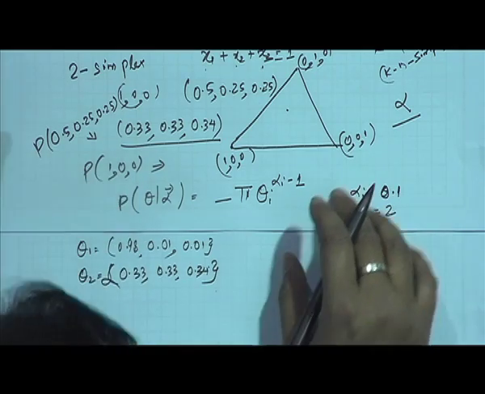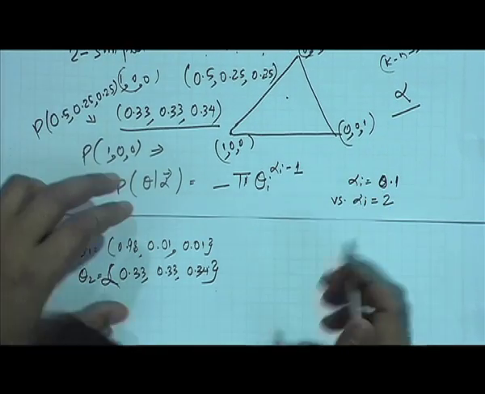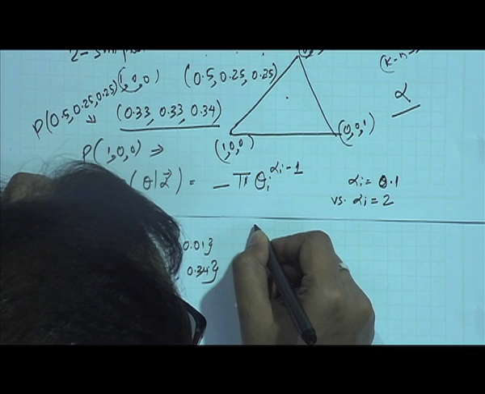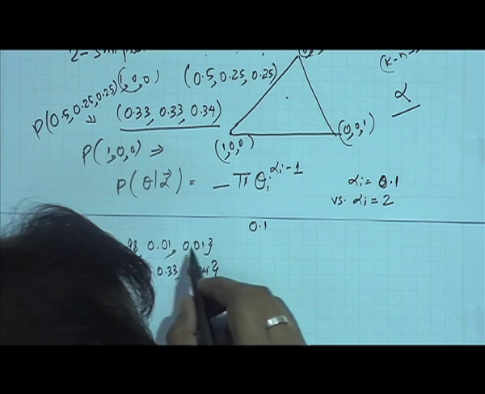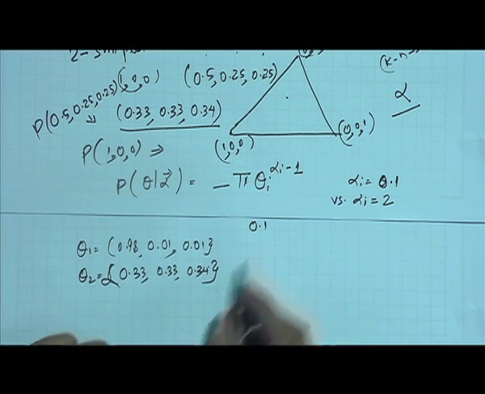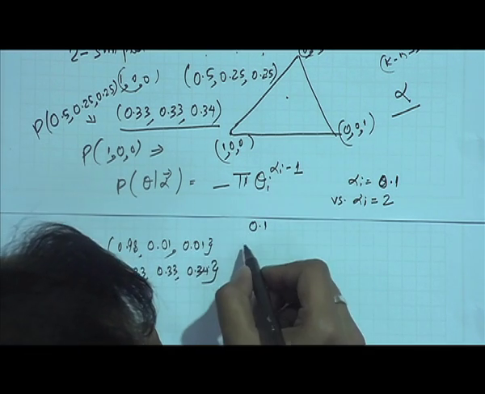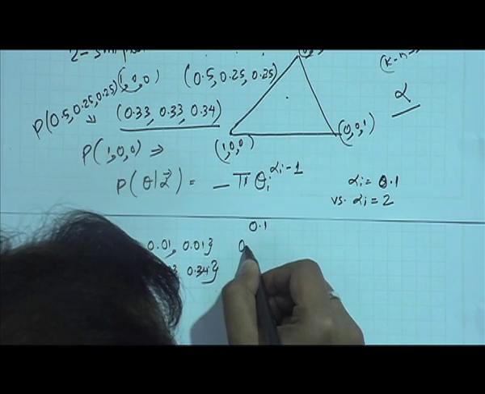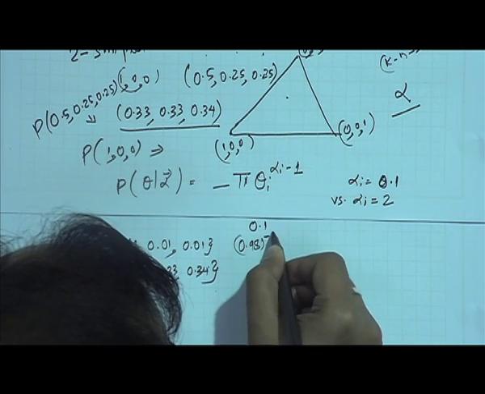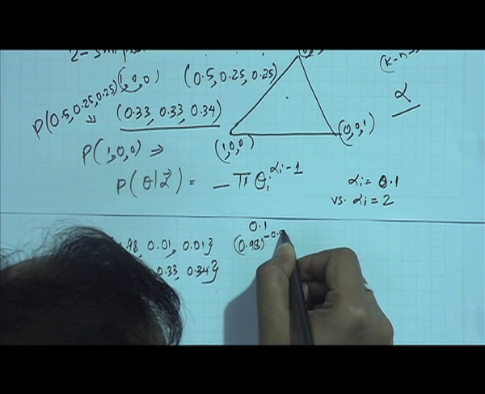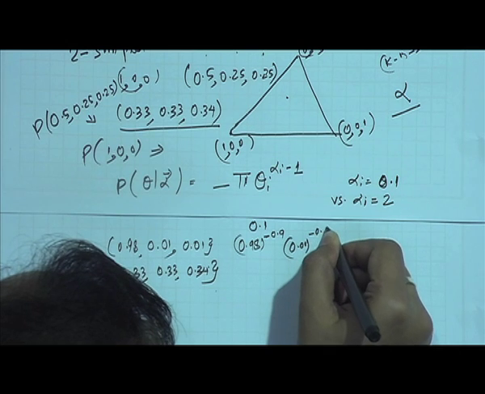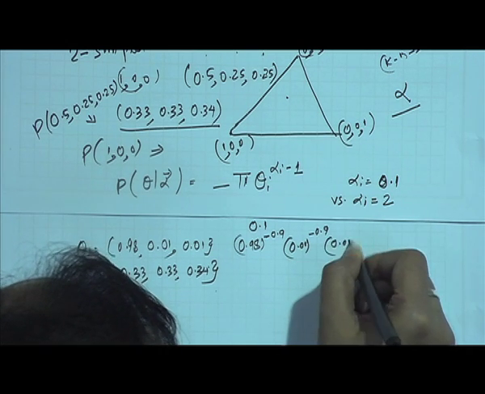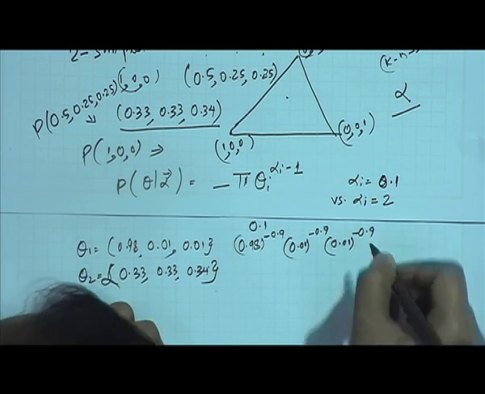So let us take the case where alpha is 0.1. What will be the probability of getting this distribution? It will be 0.98 to the power minus 0.9, 0.01 to the power minus 0.9, 0.01 to the power minus 0.9.